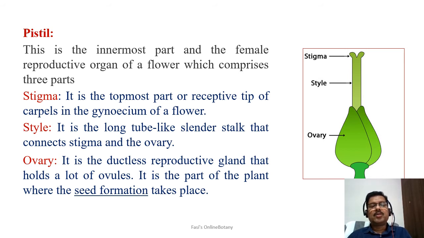Stigma is the topmost part or receptive tip of the carpels in the gynoecium of a flower. The style is a long, tubular, slender stalk that connects the stigma and the ovary. The ovary is the reproductive part that holds a lot of ovules. It is the part of the plant where seed formation takes place.